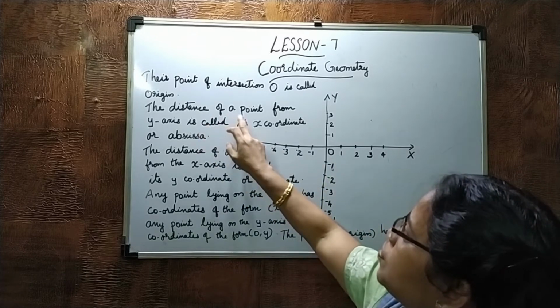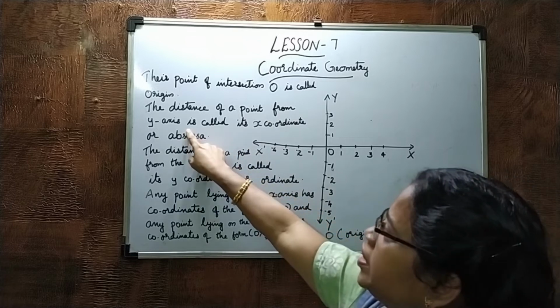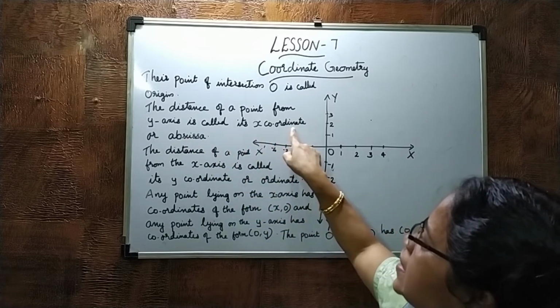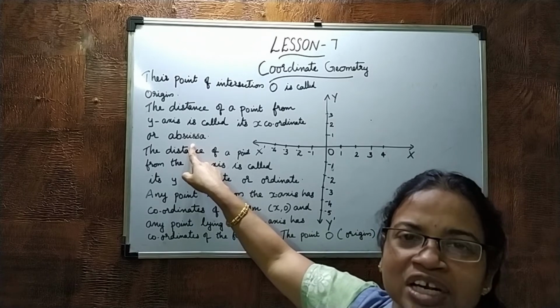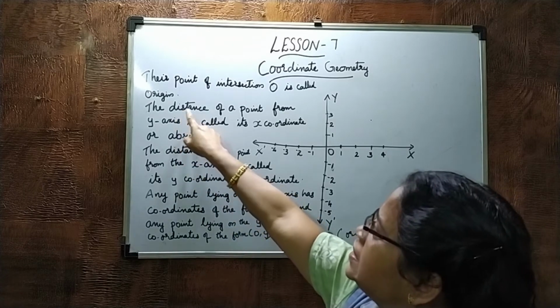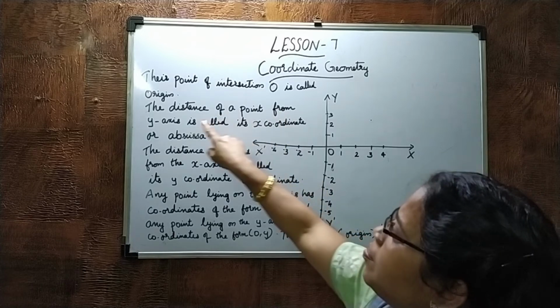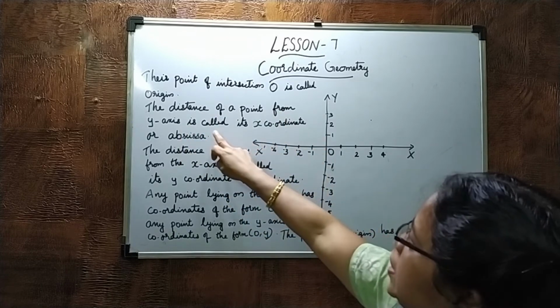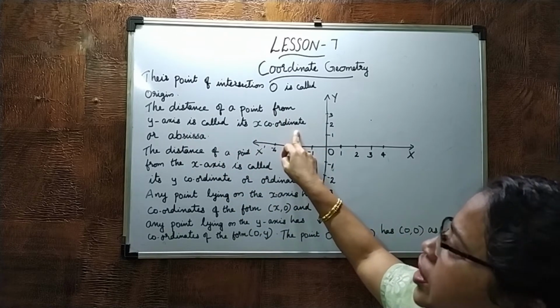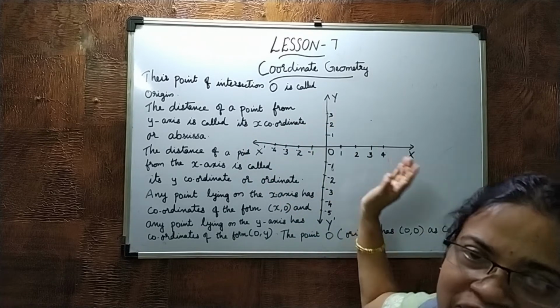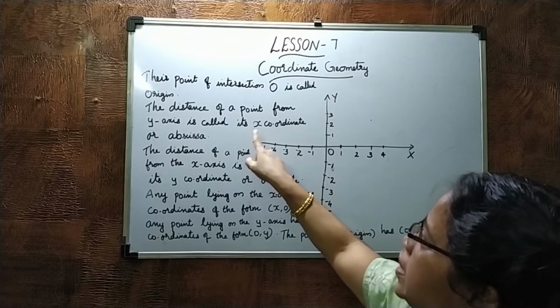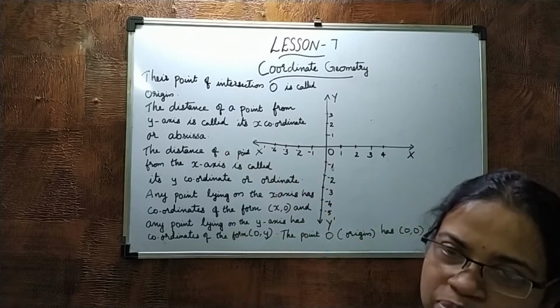Then what is the next one? The distance of a point from the y-axis is called its x coordinate or abscissa. These are all 9th standard portions. The distance of a point from the y-axis is called its x coordinate or abscissa.